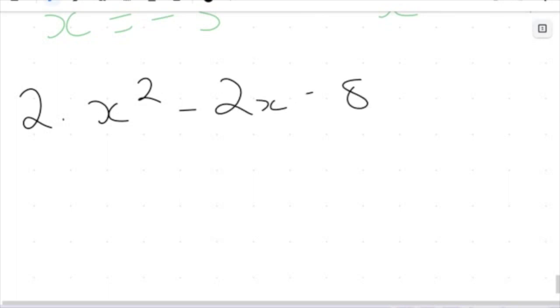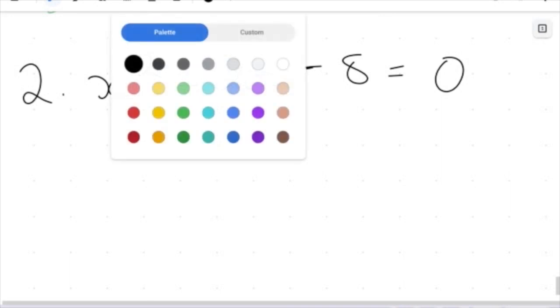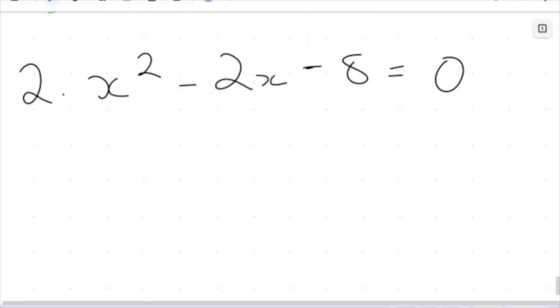Now, question 2. I have x squared minus 2x minus 8 equals 0. So I want to get this to a binomial product on the left-hand side.